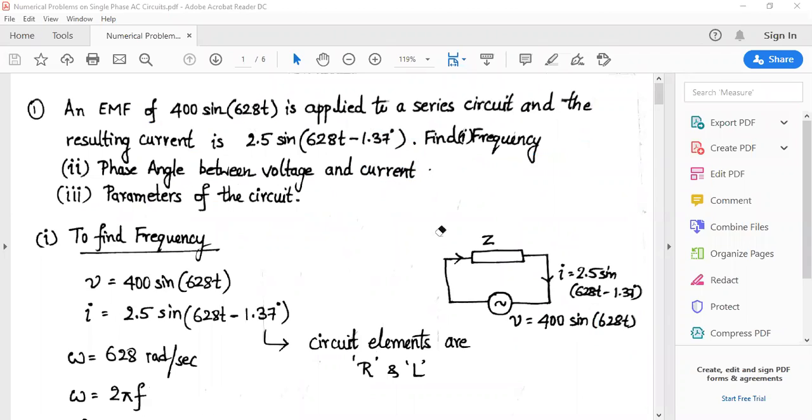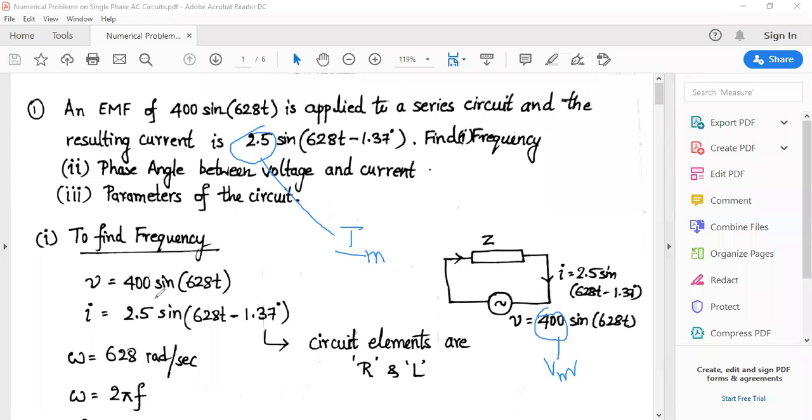Okay, so now you have 400 sine 628t as the applied instantaneous voltage. So here this 400 is taken as Vm, and this one is taken as Im.